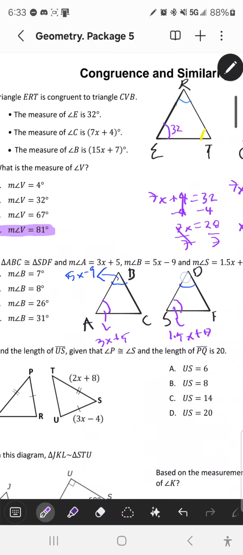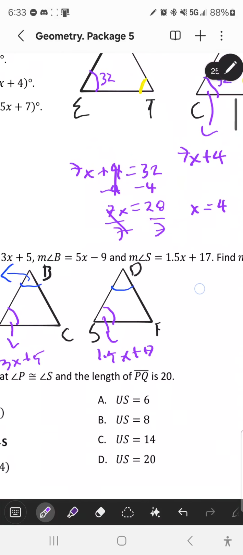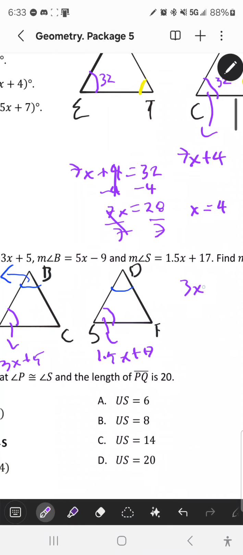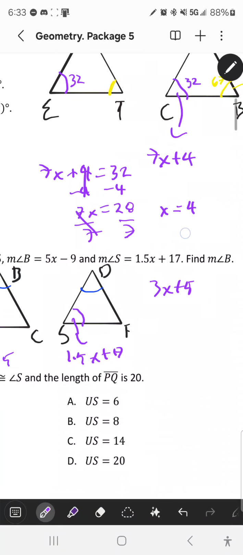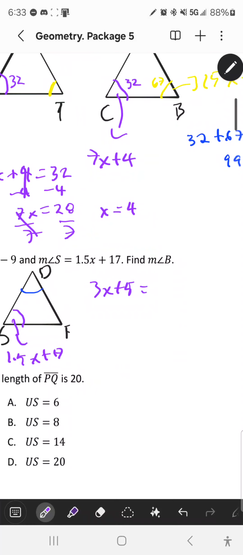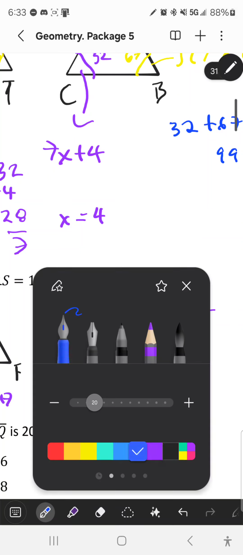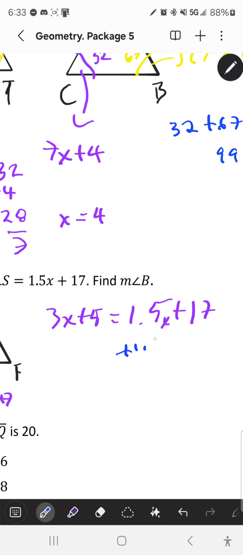So first, let's solve for x. We have A is congruent to S, so 3x plus 5 is going to be equal to 1.5x plus 17. So I'm going to subtract 1.5x from both sides, and subtract 5.